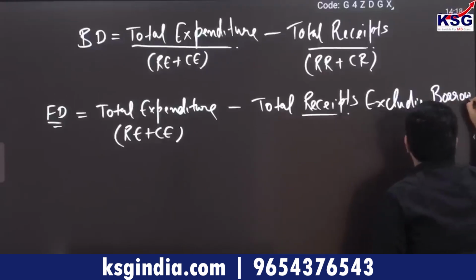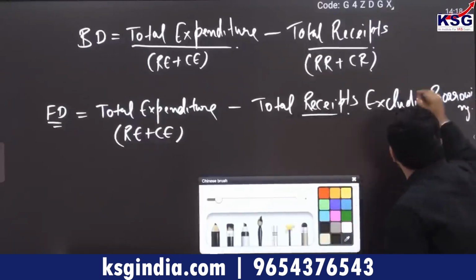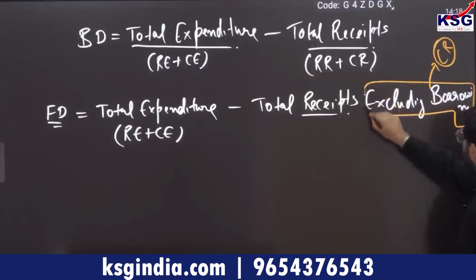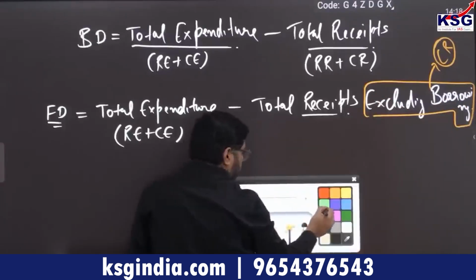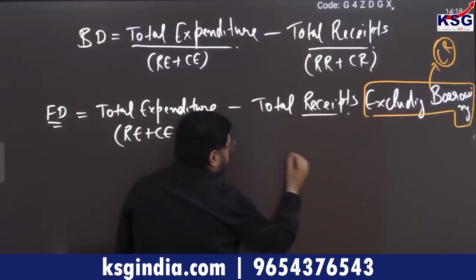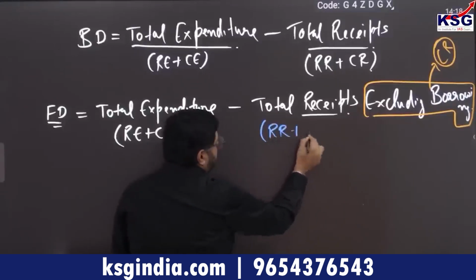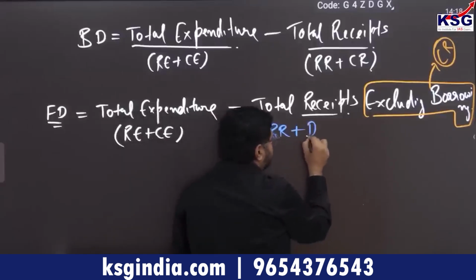You know that borrowing is a part of capital receipts, so we are excluding borrowing. After that, whatever receipts are left are revenue receipts plus non-debt creating capital receipts. So you can say disinvestment.